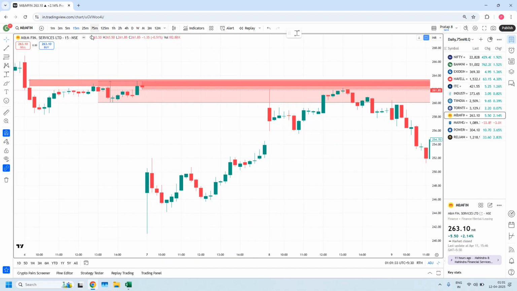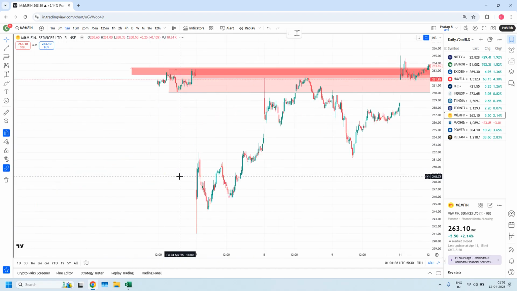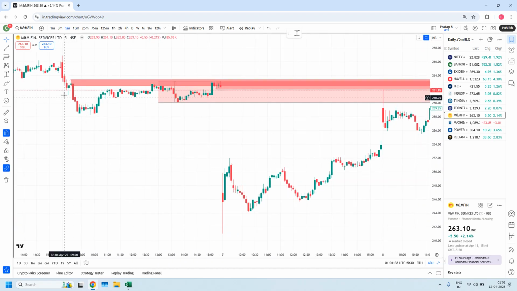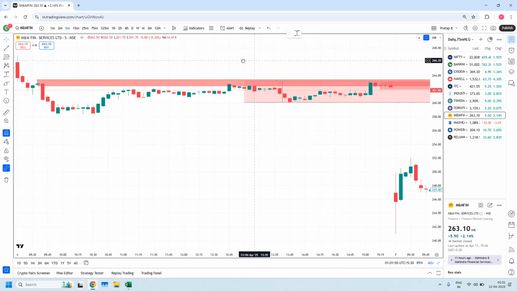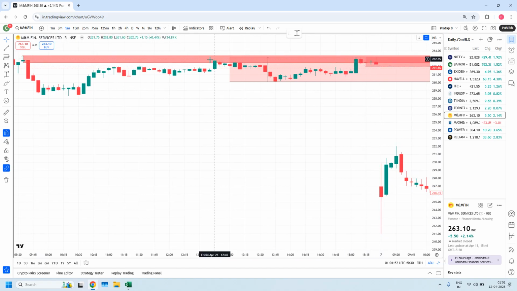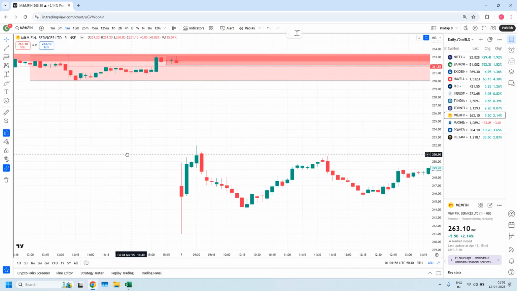This is the 15 minute zone. And in 5 minutes, see, there is a lower time frame zone: rally, base, drop. See here, failed ERC, rally, base, drop. This 5 minute zone is the origin for this entire 75 minute zone, and also this 15 minute zone. This is the origin, so that's why we can definitely plan a trade.